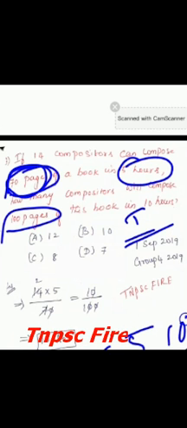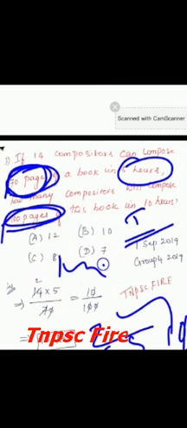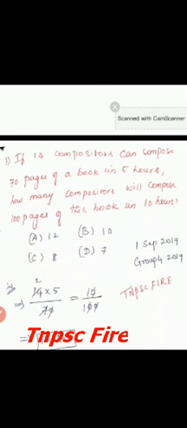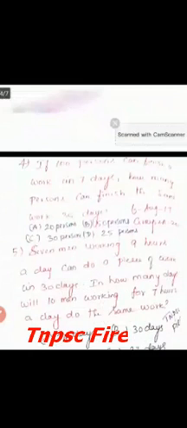Cancel, and you will get the answer 10. Ten compositors will compose the 100 pages. This is the answer using my small tricks. MDT divided by others, that is input divided by output. You use any one of them. Next, we move on to the next question.